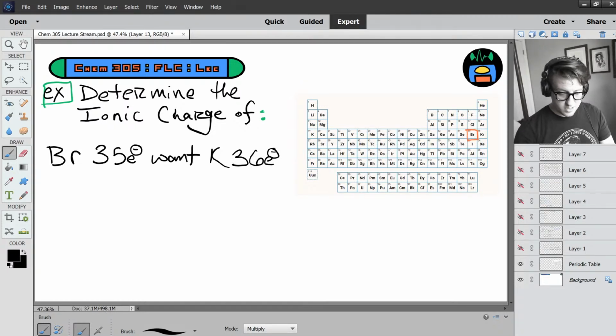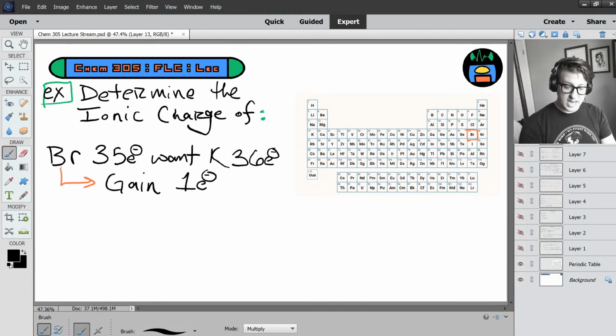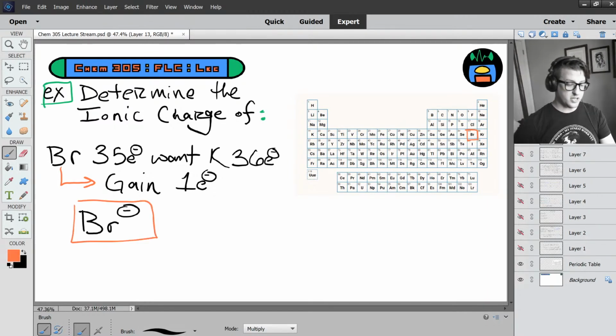So bromine needs to gain 1 electron. That means that as an ion, bromine is going to pick up a charge of -1. So the ionic charge bromine will develop is -1.